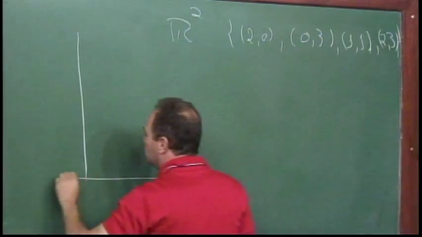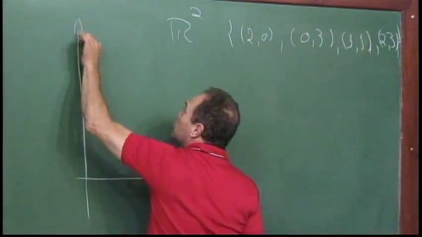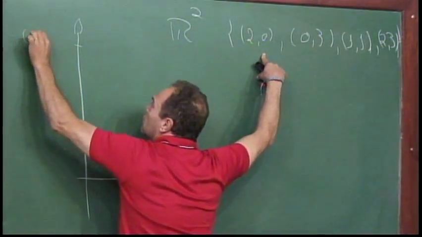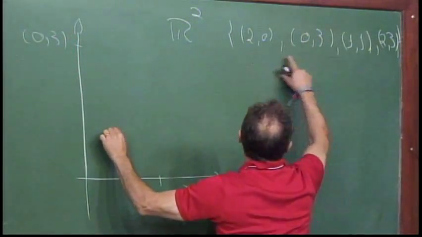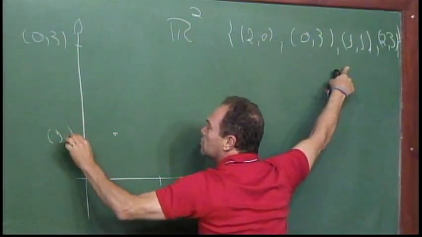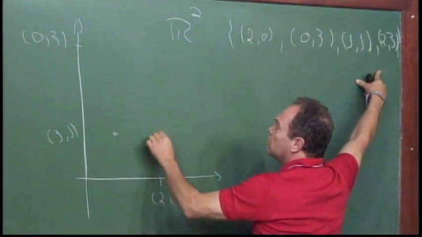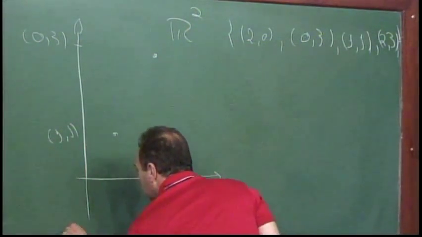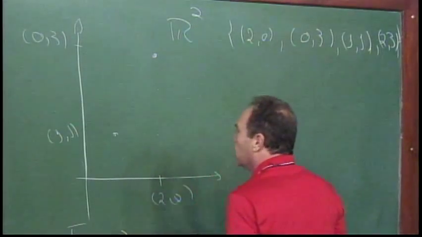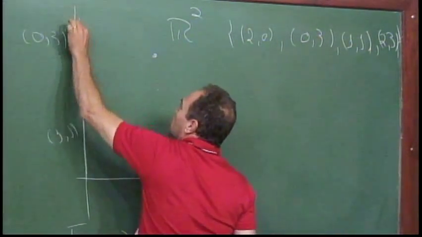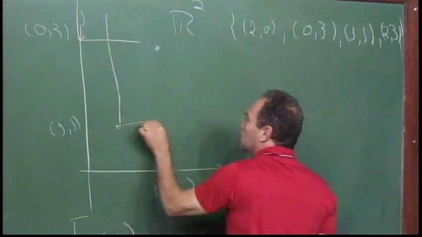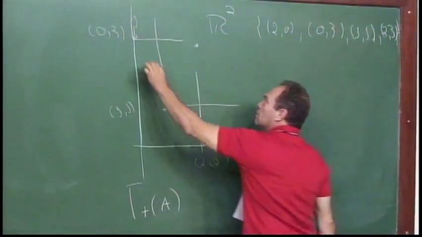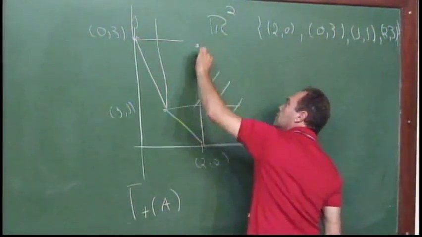The first Newton polyhedron that I'm considering is the local Newton polyhedron. You take this point, this, then you take (1,1), and the other one is (2,3), this one, okay? To compute the Newton polyhedron of this set, we look at this set, this set, this set, then we take the convex hull.